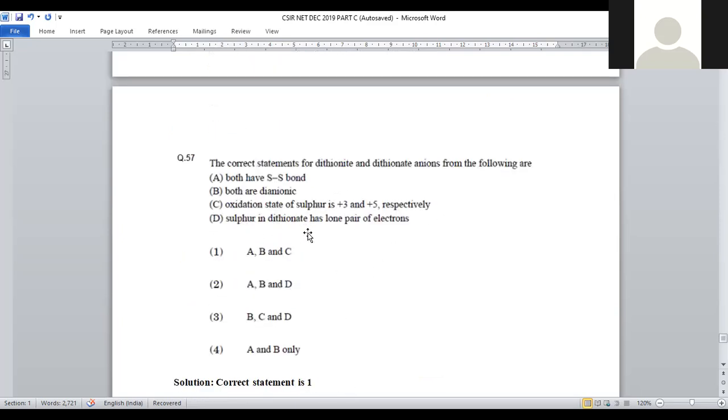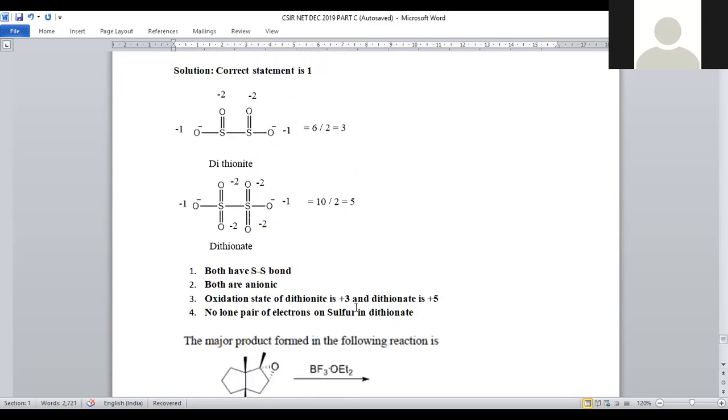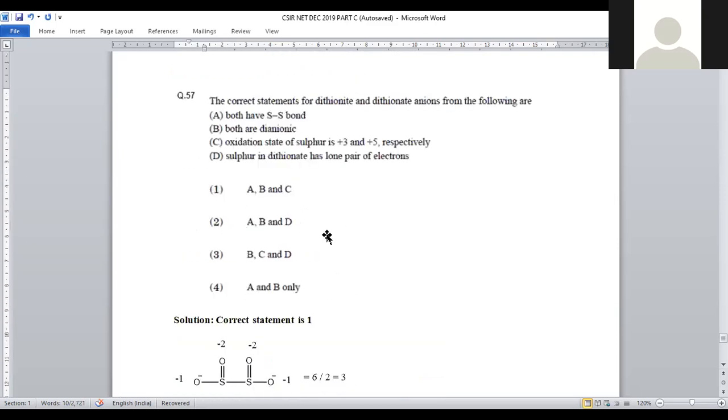Sulfur in dithionate has a lone pair of electrons: dithionate has the highest oxidation state, so no lone pair of electrons will be associated with +5 sulfur. This is the wrong statement. Options A, B, C are correct, which is given by option number 1. For question number 57, option number 1 is the right answer.